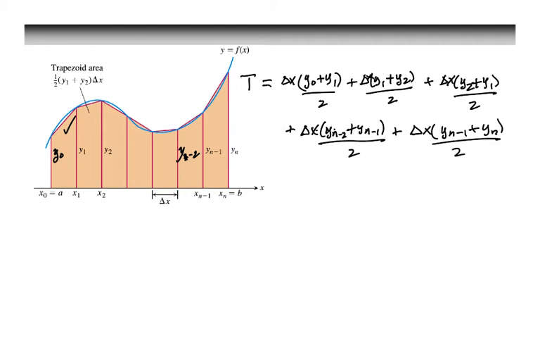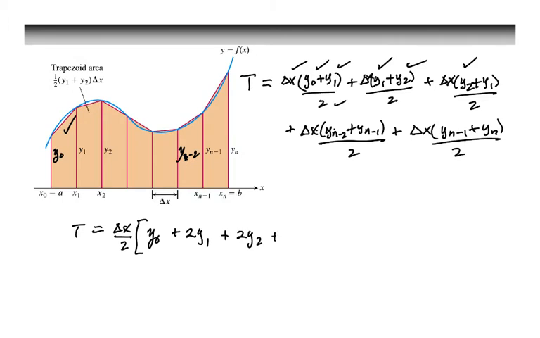And notice that if we factor delta x over 2 out, we would have, first of all, y0, but notice we'll get two y1s and two y2s, and keep on going.